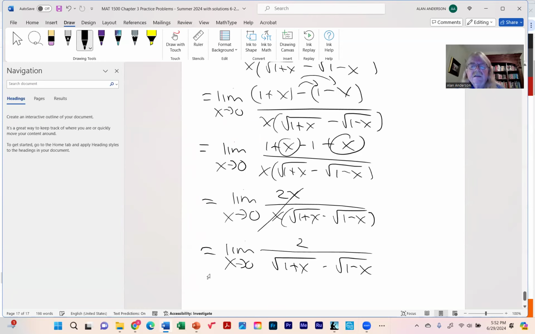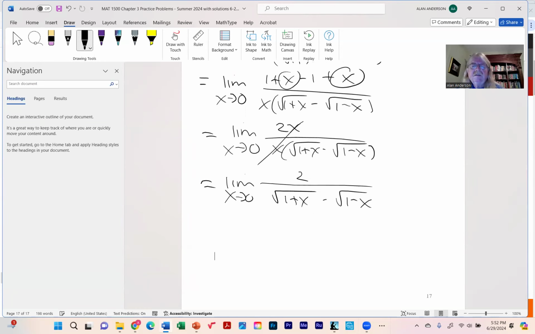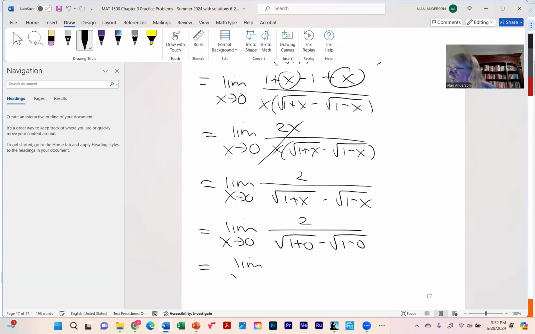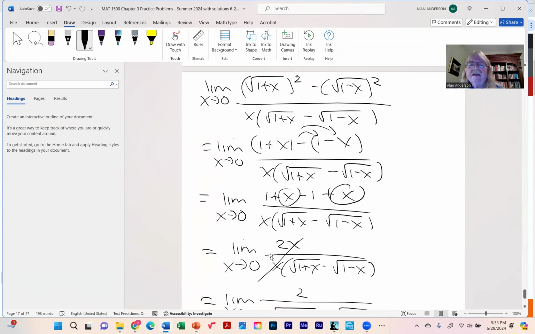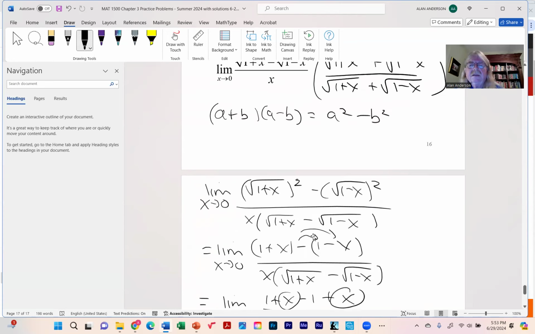Now we can finally substitute the zeros. So we end up with 2 over radical 1 minus radical 1. Oh, no, I think I did something wrong here.